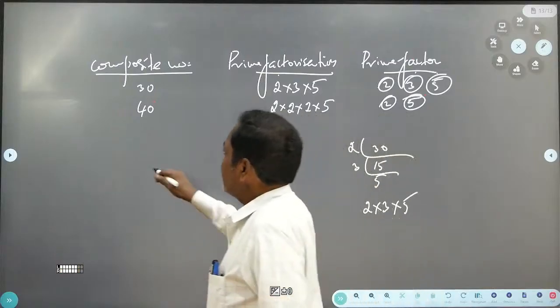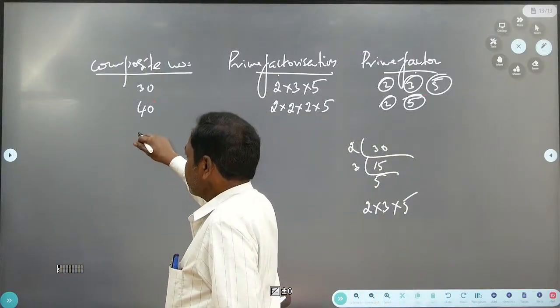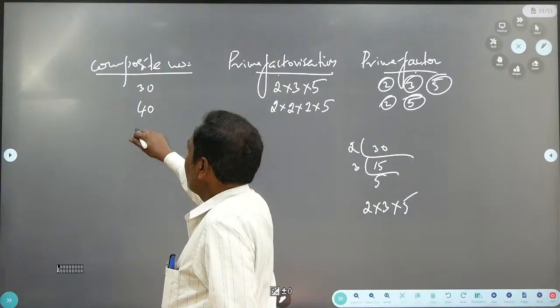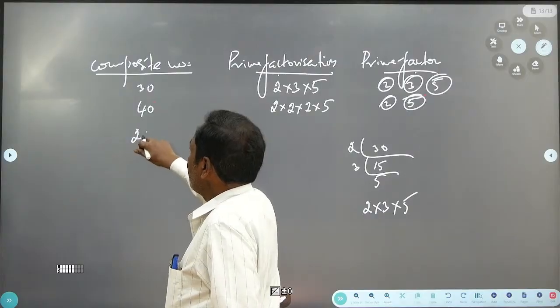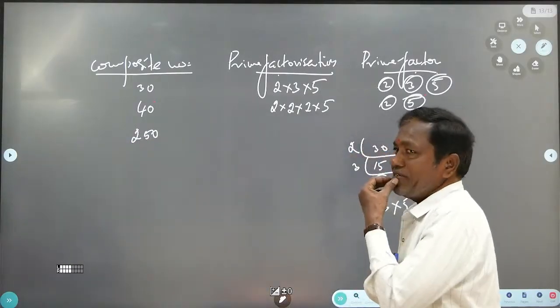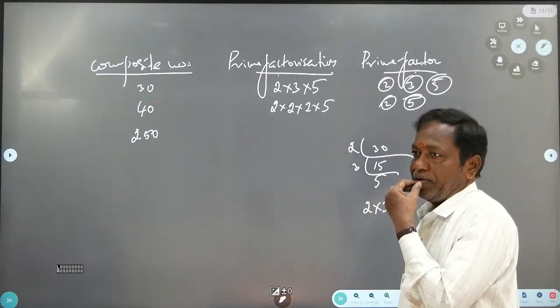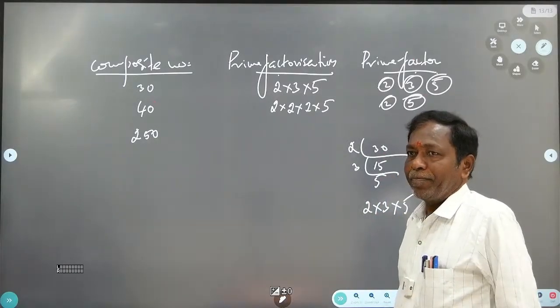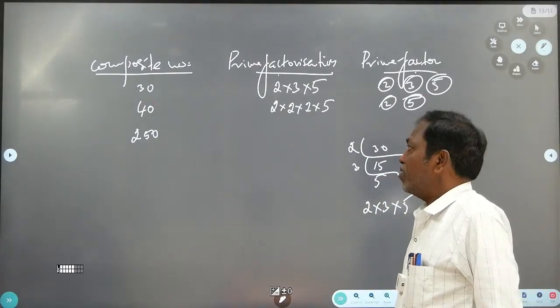And say like 250. 250 is a composite number.